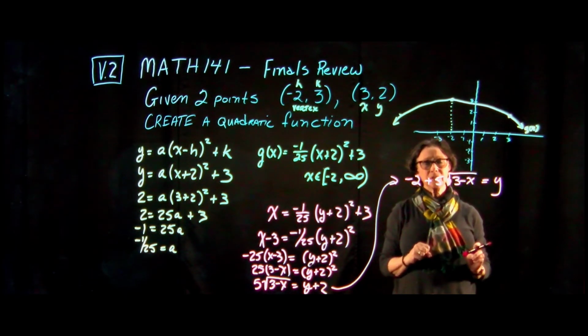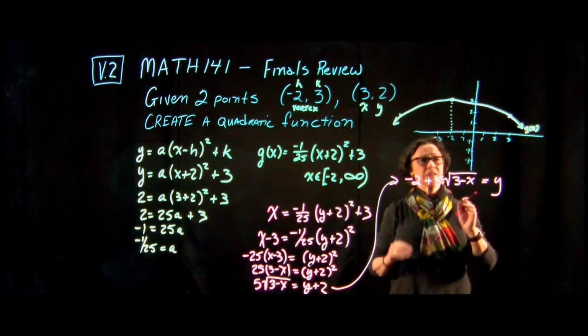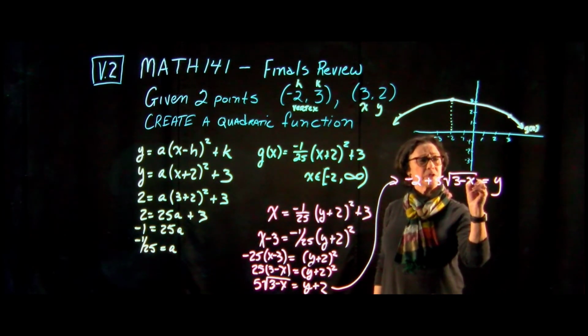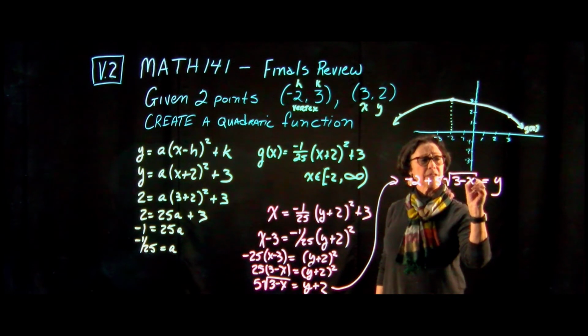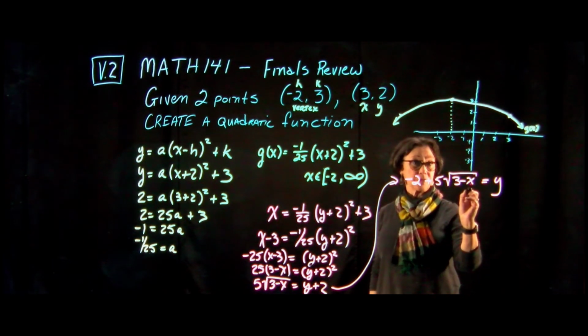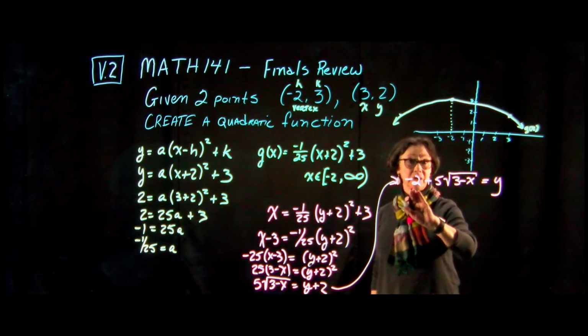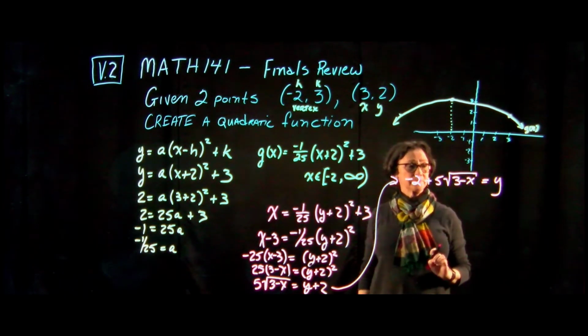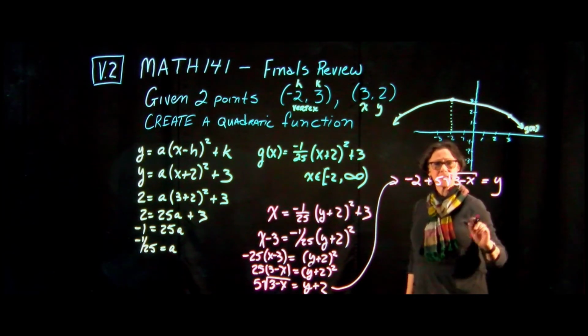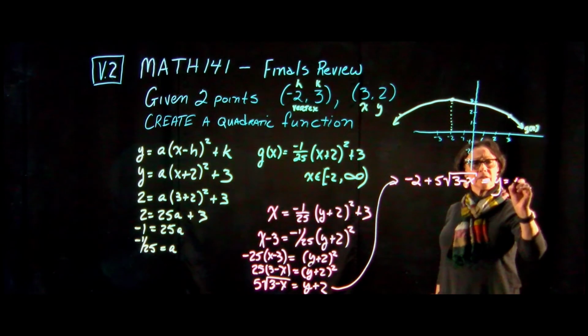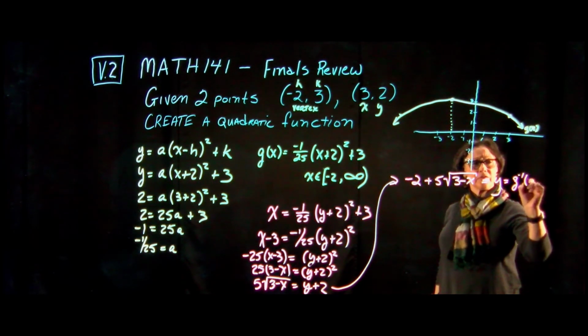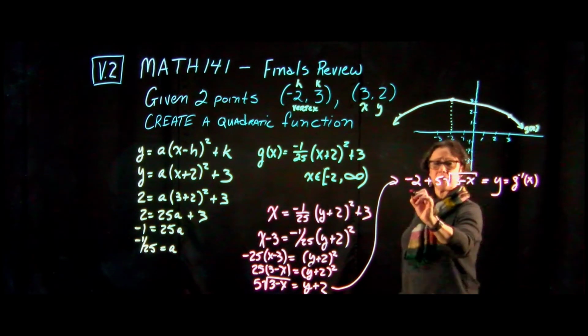That's just convention. It's okay to write it in the other direction, but make sure that you're very sure about indicating where the end of your square root is so that it doesn't look like the minus 2 is under the square root sign. So this is my g to the negative 1 of x. This is my inverse function.